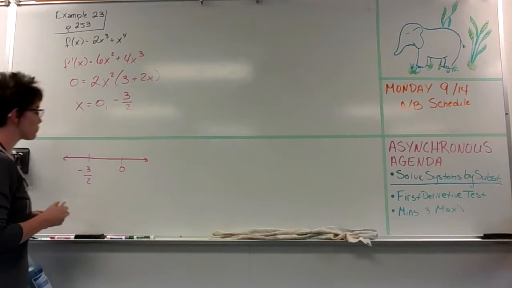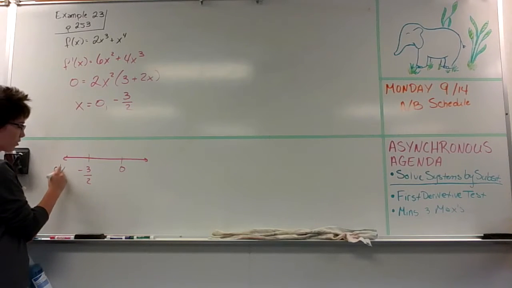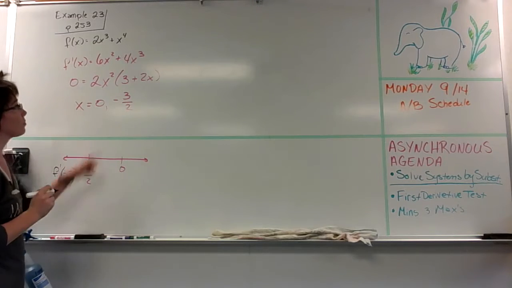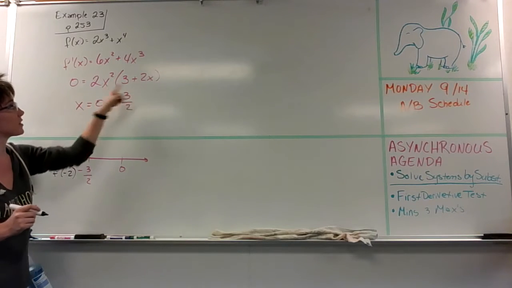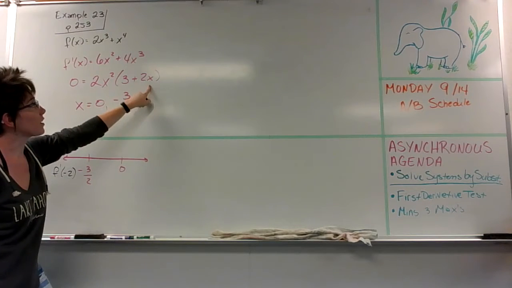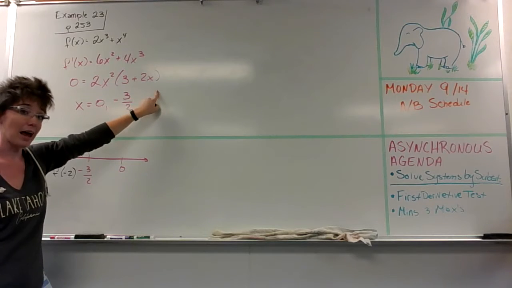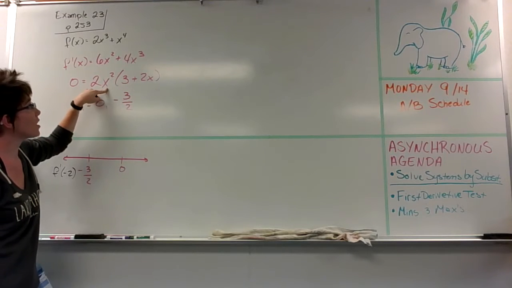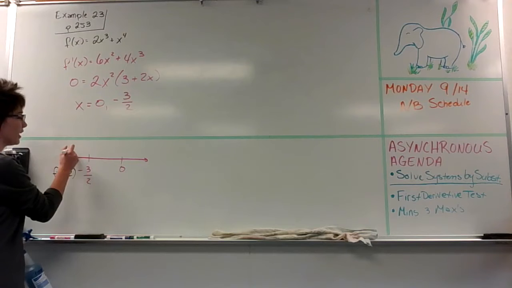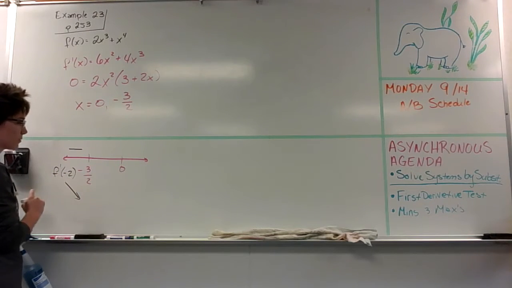So check this out. If I take, let's say, f prime of negative 2, I'm going to plug in negative 2 to each of these x's. Negative 2 squared, that's positive. Negative 2 times 2 is negative 4, and 3 plus negative 4 is negative. So ultimately, a positive times a negative gives me negative values, and that's going to be a negative slope.